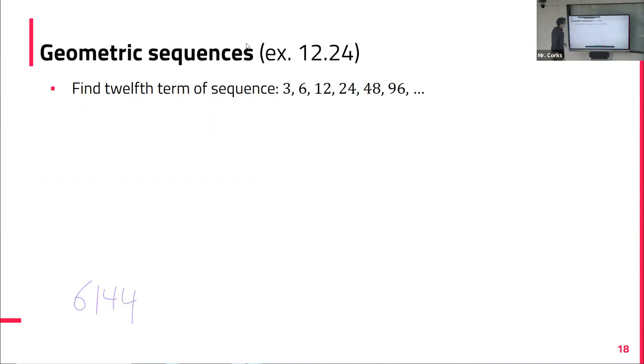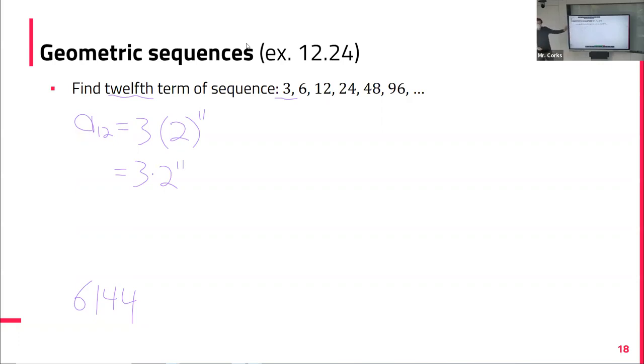Our 12th term, same formula, A12 equals our first term, 3, and what is our ratio? 2. We're just multiplying by 2 each time. And our exponent here, 12 minus 1, 11. So 3 times 2 to the exponent 11.